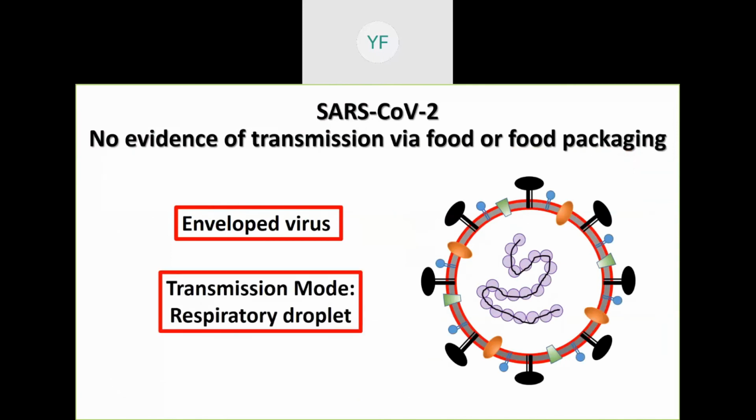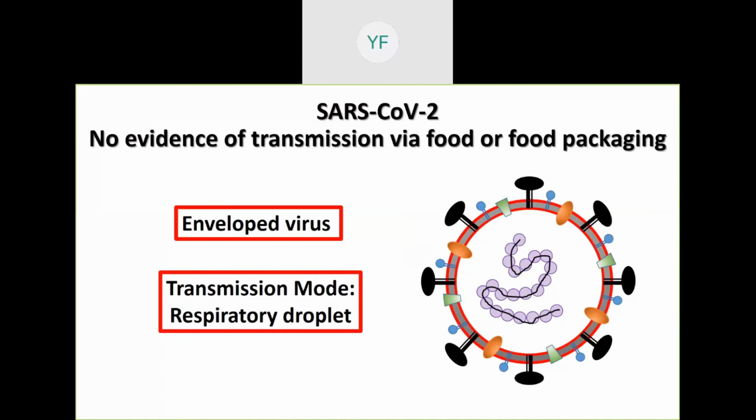Also, the transmission mode for this virus is via respiratory droplet, meaning the virus must contact your mucous membranes either via aerosolized droplets created by someone with a COVID-19 infection coughing, sneezing, talking, eating, etc., or by you touching a surface where these droplets have settled and then touching your own mucous membranes.